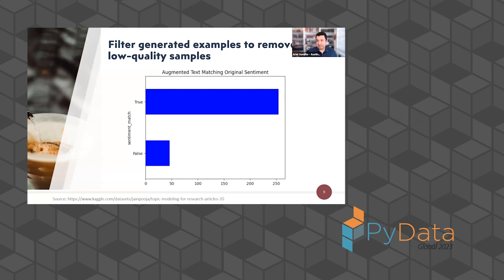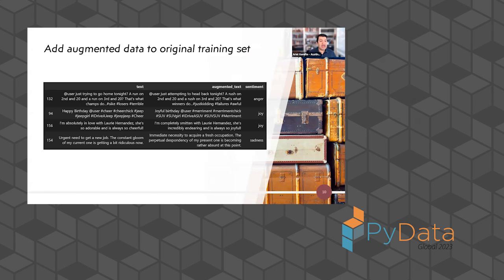Even though the LLM might generate stuff that is accurate and we as humans can identify the same meaning, you have to make sure that the data is quality, because in this case about 15% of the cases did not have the same sentiment as the original. So the next step is to filter those out. Once we have that, we have augmented data that we can use for training or for whatever we're using it for.